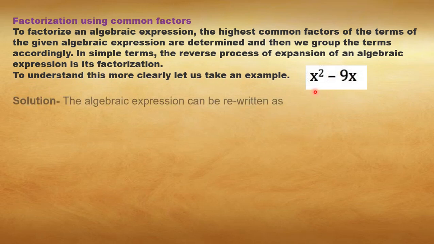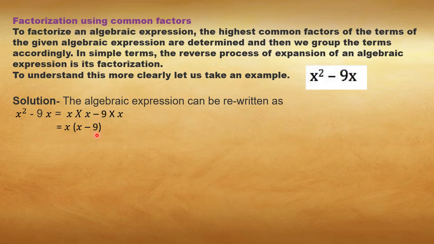Now this x square minus 9x can be written as x into x minus 9 into x. In both the terms, in the first term x square and in the second term minus 9x, x is common. So we can say x is common in both the terms. The rest of the quantities in the terms are, in the first term x, in the second term minus 9. So we can say x into x minus 9.